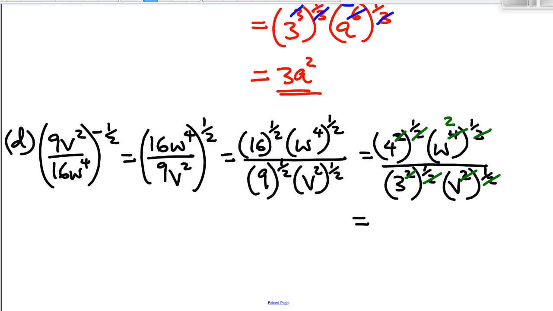So our answer will be 4w squared over 3b.